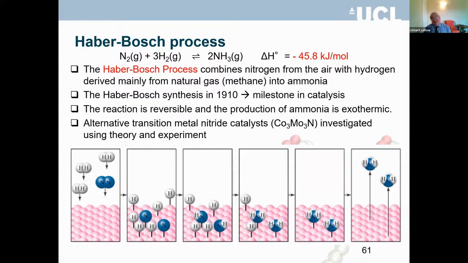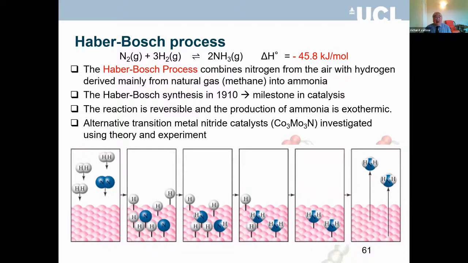The chemistry, there's a lot of evidence now from both experiment and computation. The mechanism is fairly simple, but the key process is it involves dissociation of nitrogen, which of course is a very strong bond. And once you've dissociated the nitrogen, you can hydrogenate it.